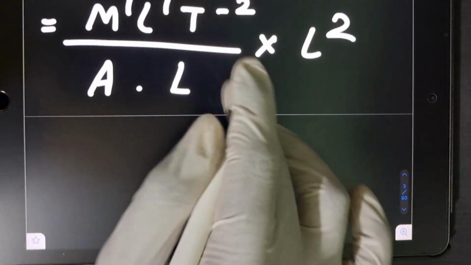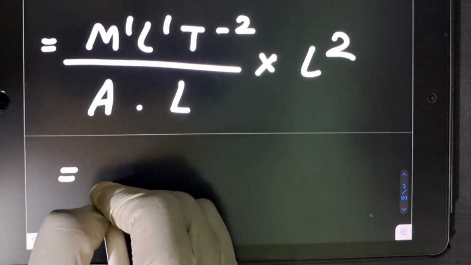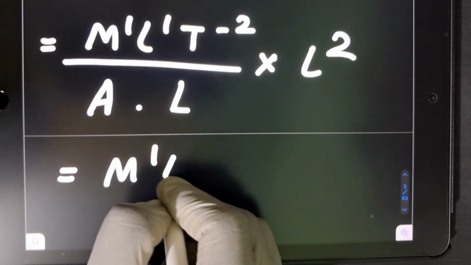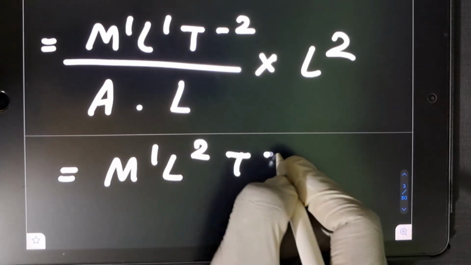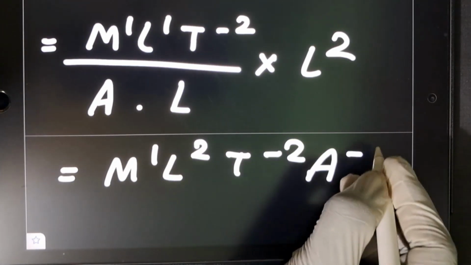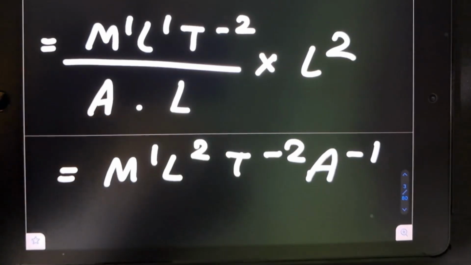On cancellation of length and reciprocation, we get M power 1, L power 2, T power minus 2, A power minus 1. This is the dimensional formula of magnetic flux.